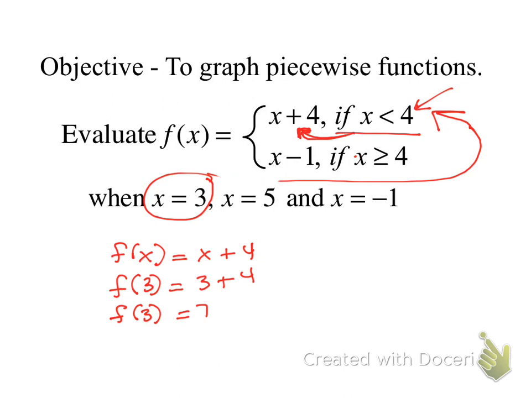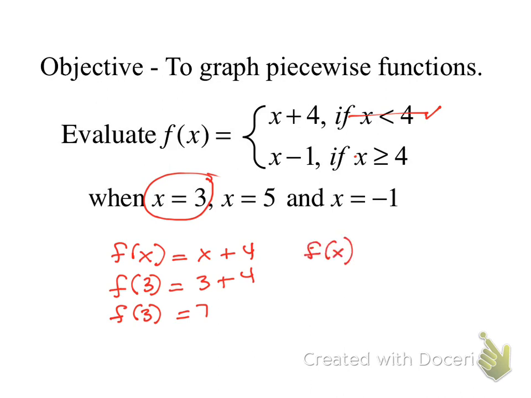Let's look at the next one. Ready? When x is 5, which domain does it work with? This domain here? No, can't use it there. Does it work with the other one? So that is the equation that I'm going to be using. The f of x equals x minus 1.